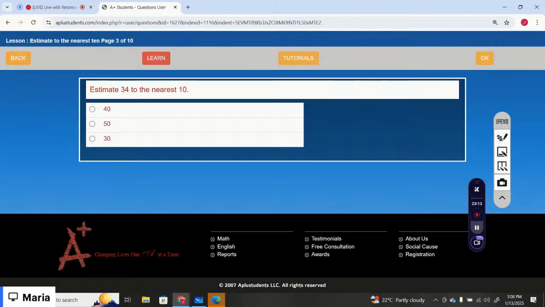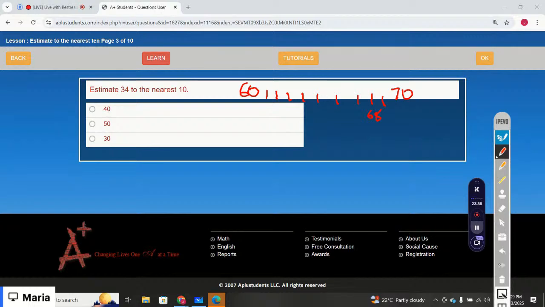Estimate 34 to nearest 10. 34 is between two tens. That is between 30 and 40. 31, 32, 33, 34, 35, 36, 37, 38, 39. So 34 is close to 30, just four numbers away from 30.